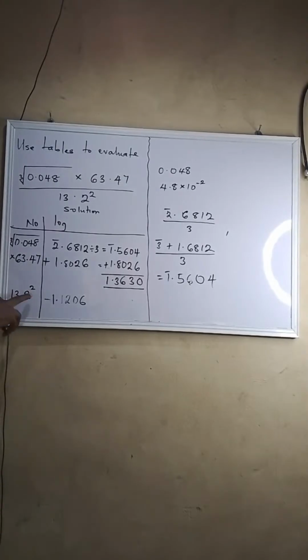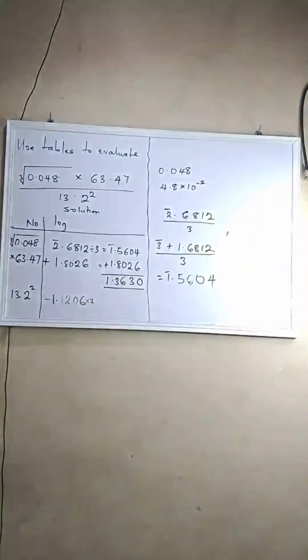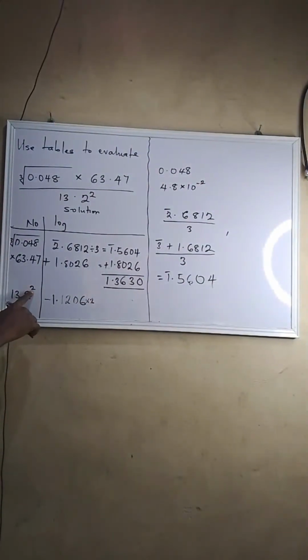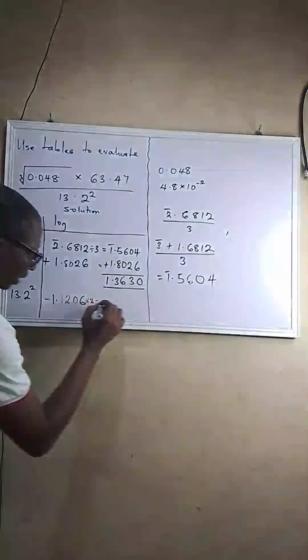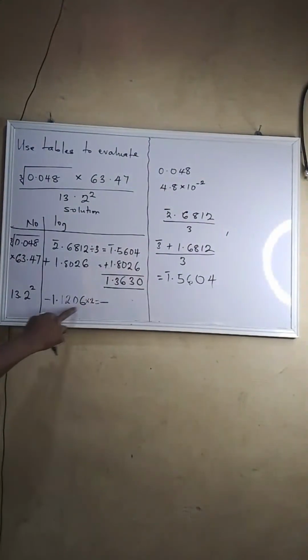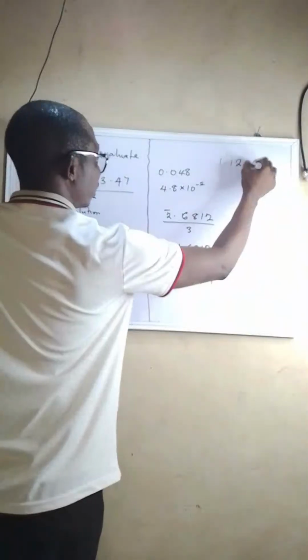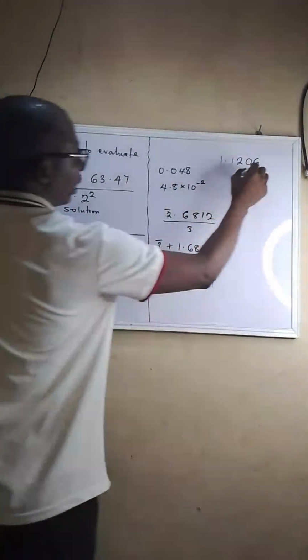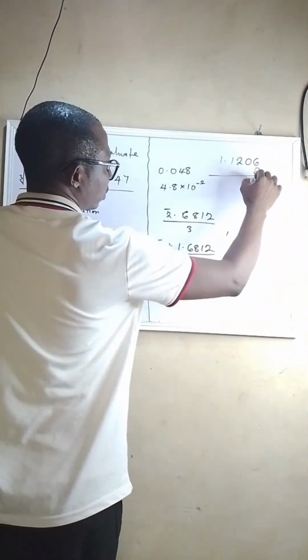Now you can see this is raised to the power of 2, so we are multiplying it by 2. Since we have raised to the power of 2, what will be the result? Don't forget we have a minus here, so we'll write the minus first. Now let's multiply 1.1206 by 2. 2 times 6, that is 12.